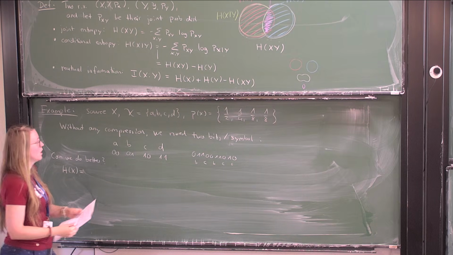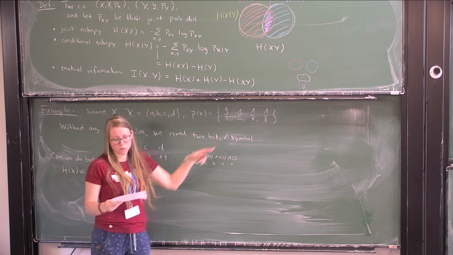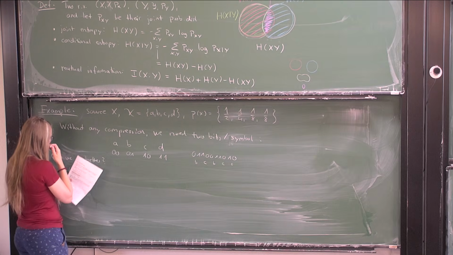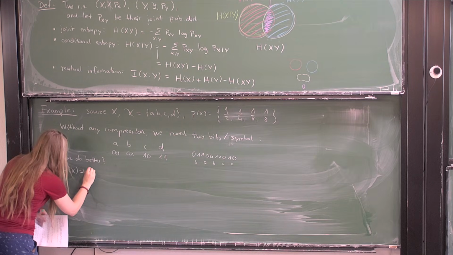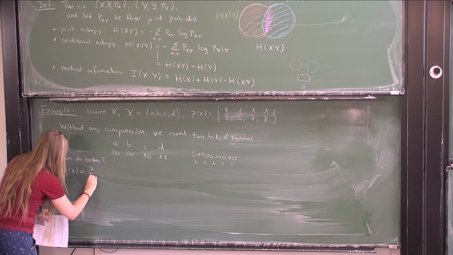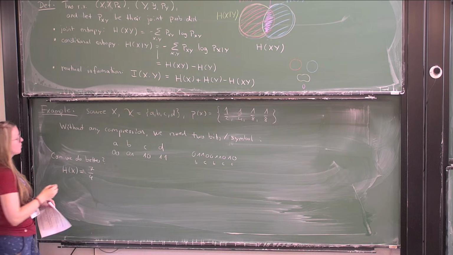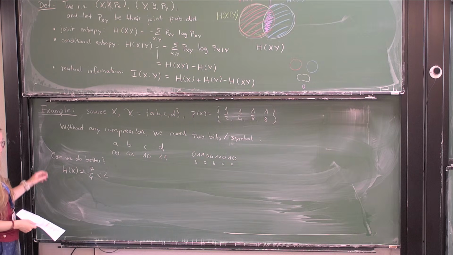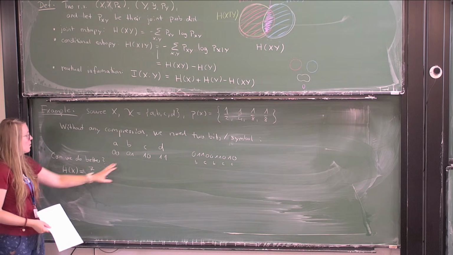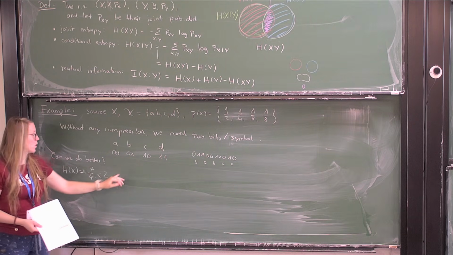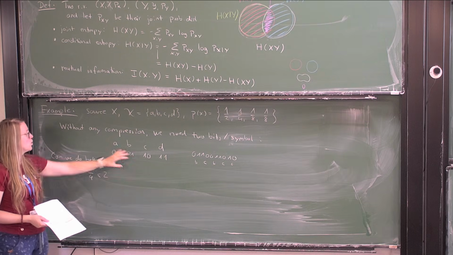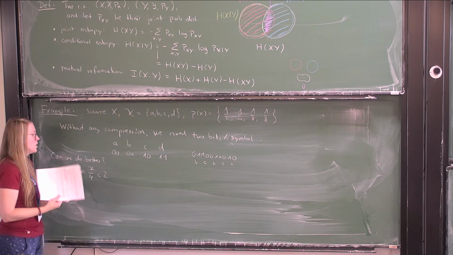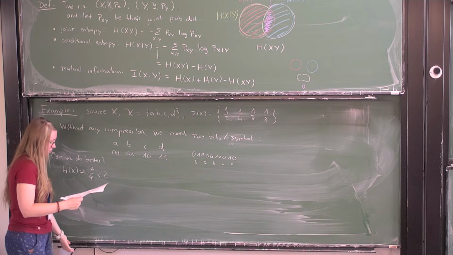If you take the formula and plug in this probability distribution, what you get out of this is 7/4. So this is smaller than 2. That means there must be a scheme that is more efficient than this one. We need a bit less than 2 bits per symbol to compress this information.